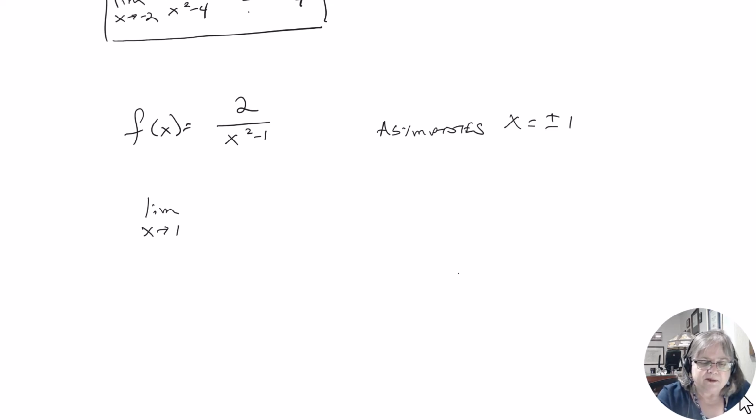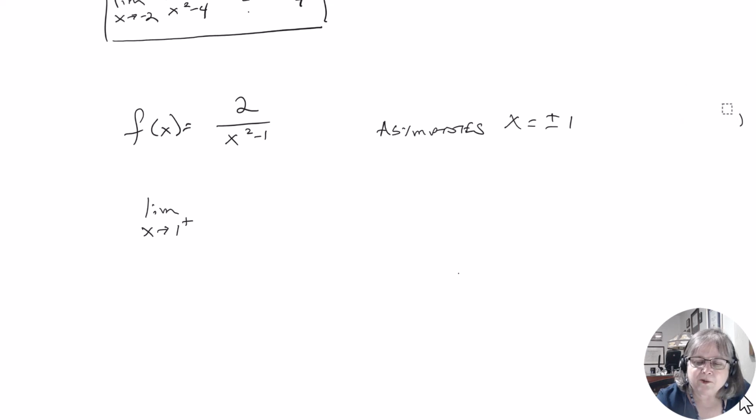And I'm going to approach it from the right side this first time. I can't make the discontinuity be removable, because even though I can factor it, there's nothing for it to cancel into.